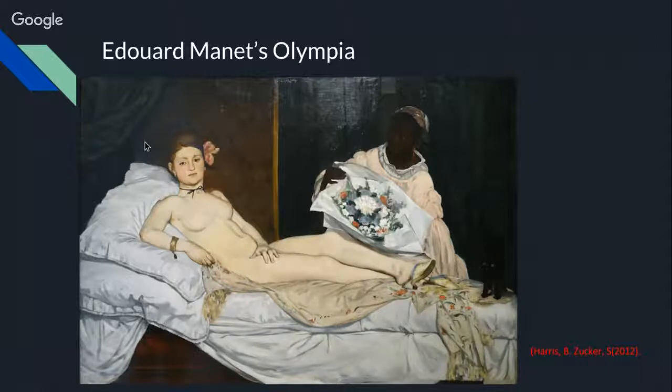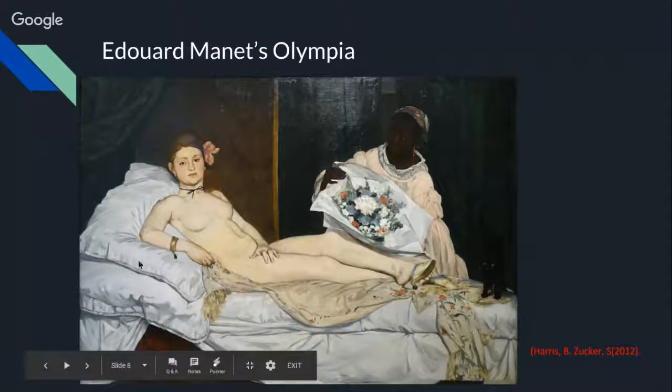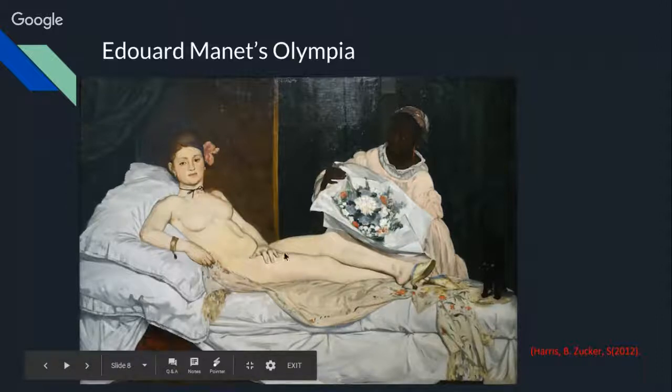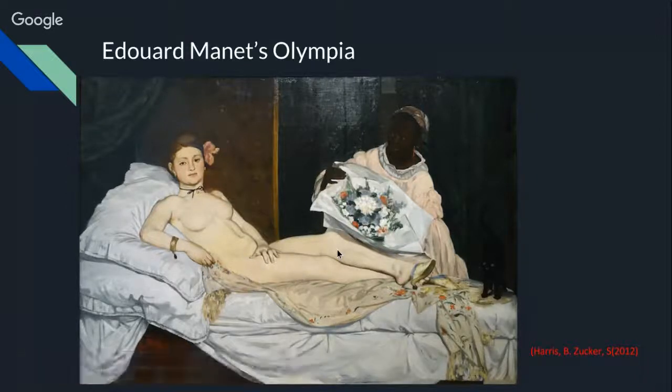And so this is such a sexual interest. It's as if she is waiting for the viewer or waiting for someone to come in, as if she has an appointment that she is waiting for to please and pleasure her client in here. And so back then, Olympia was such a common name for prostitutes in Paris.